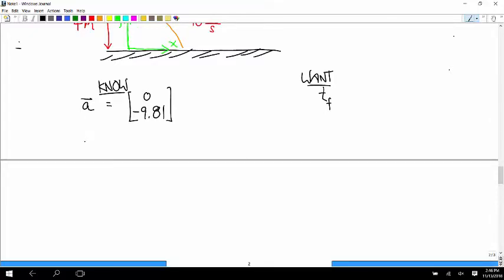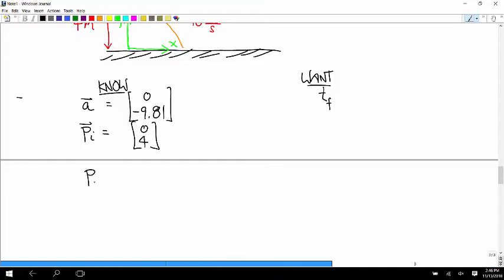The initial position is 0 for x, 4 for y. The final position, we don't know the x coordinate, but we know p, f, y is 0 because it hits the ground.